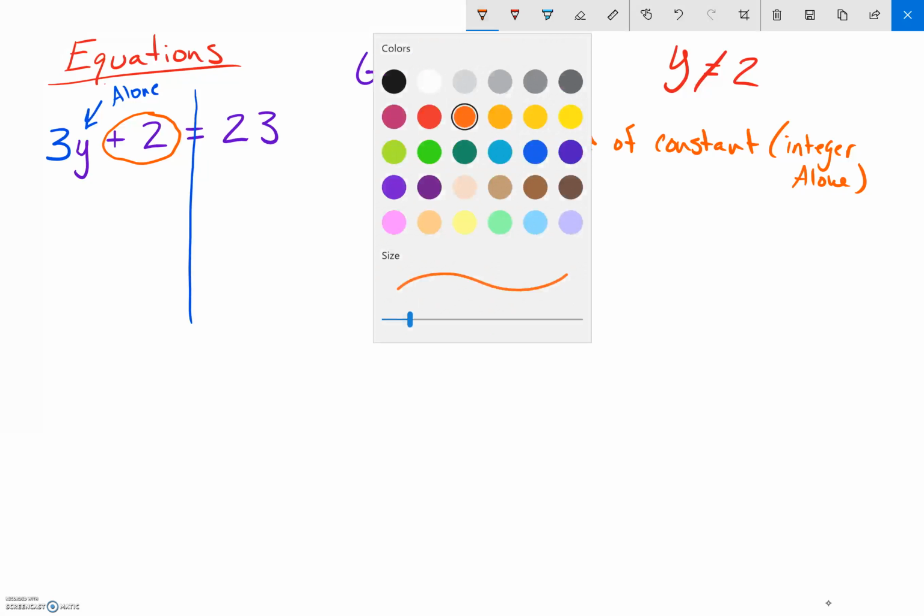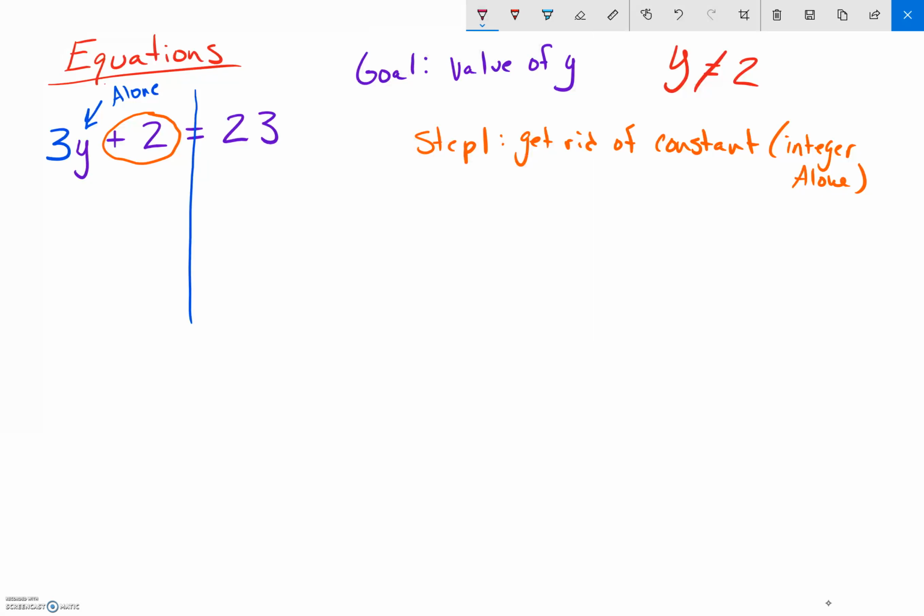So how do we get rid of a 2? We subtract 2. Hopefully this is starting to come back to you. If you subtract 2 on the left-hand side, you also have to subtract 2 on the right-hand side. Positive 2 and negative 2 cancel, and that leaves us with 3 times y here on the left.